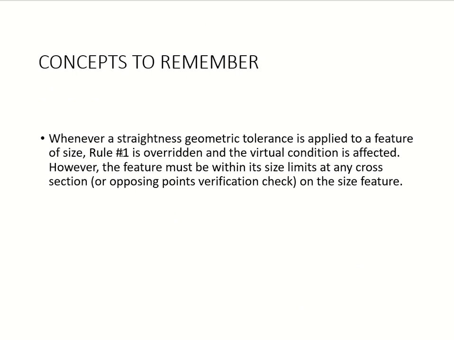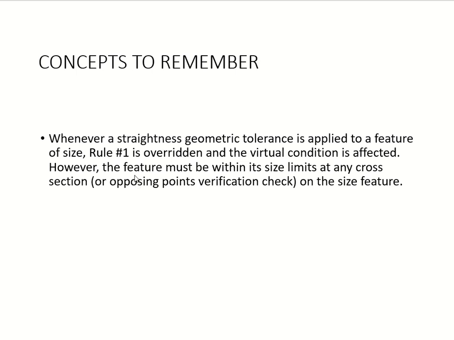We deal with the rule surface when you deal with the size limit, and then sometimes you have to override it. Meaning when you use your geometric tolerance on your feature of size, rule number 1 is going to be overridden. Your VC is also affected. Why? Because we are considering this geometric tolerance over the size limits.